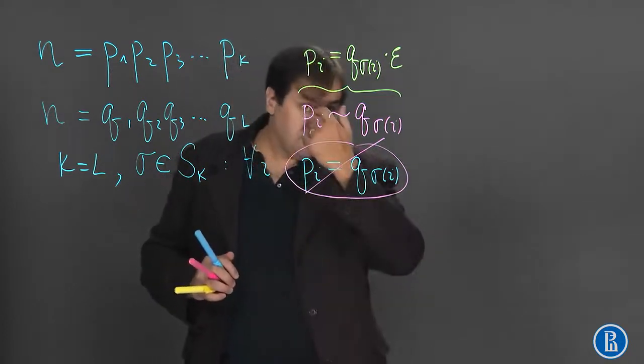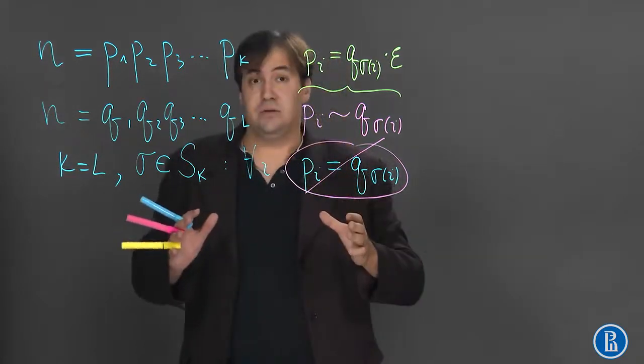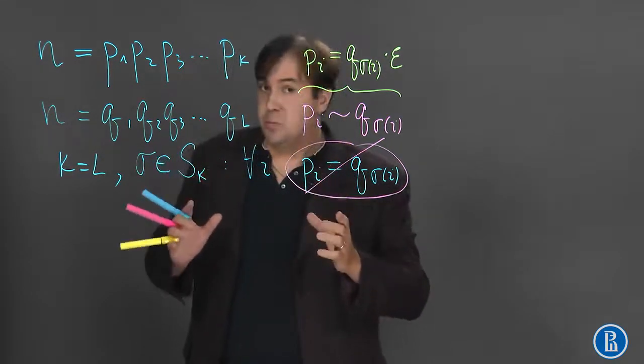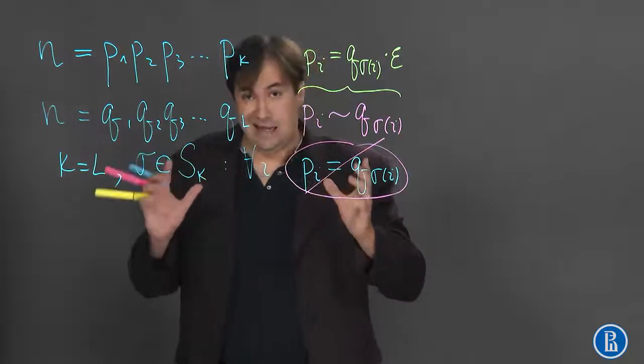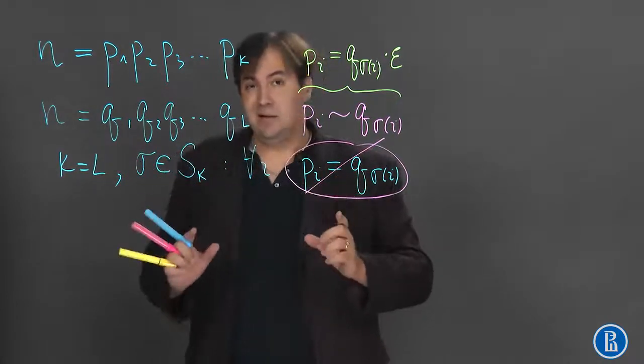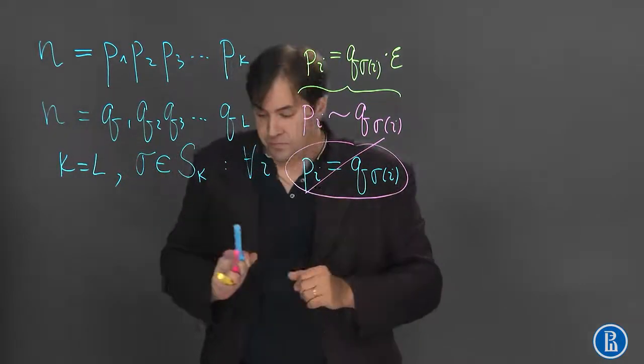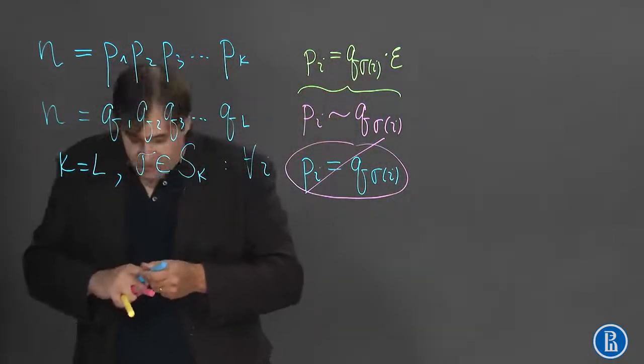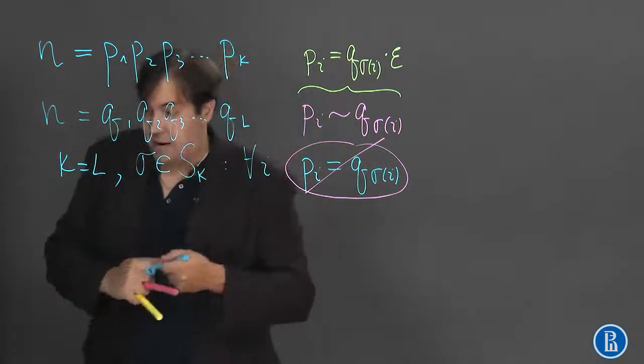But first of all, I would like to remind you of a very important property of prime elements, which we'll be using in our proof. This property is actually a definition of prime elements.